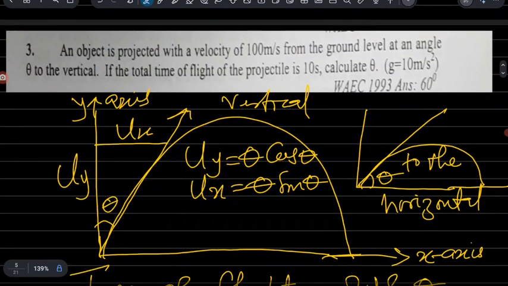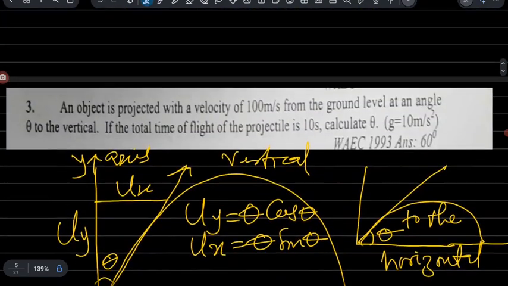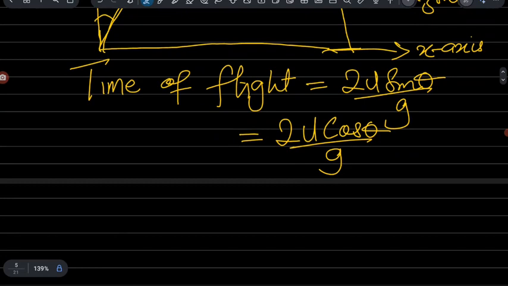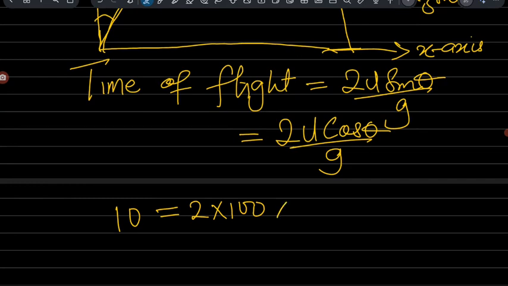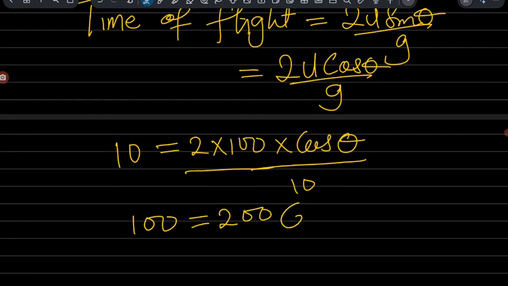You are given the initial velocity to be 100, and the time of flight is also given to be 10 seconds. We have 10 seconds is equal to 2 times 100 times cos theta over g, which is 10. It gives you 100 is equal to 200 cos theta.